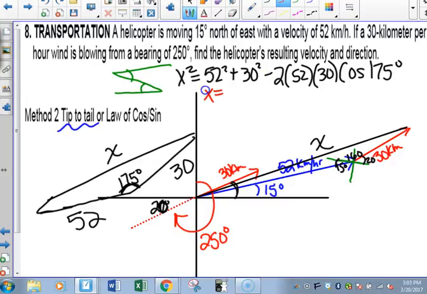Shouldn't be a big surprise, but hopefully it turned out 81.9. Did anybody not get 81.9? Okay. Should be the same as the other method.